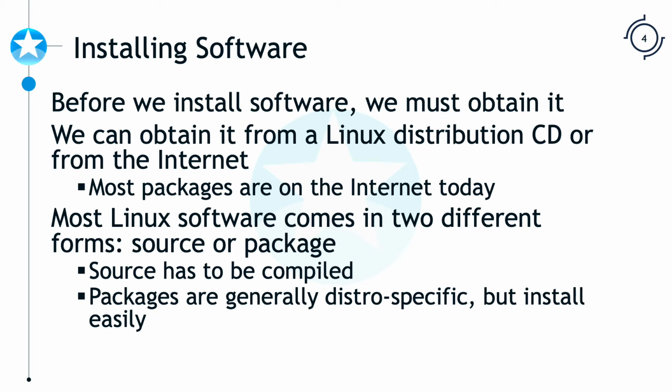The first is source that we're going to have to manually compile ourselves. The second, and frankly more common, are packages that come with our distribution and are pre-compiled or pre-configured for our distribution. And the installation is relatively simple and straightforward.